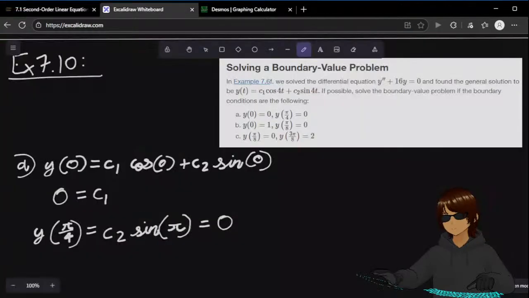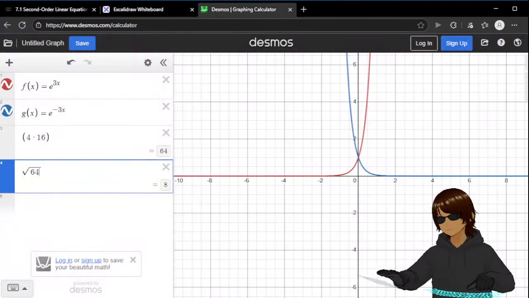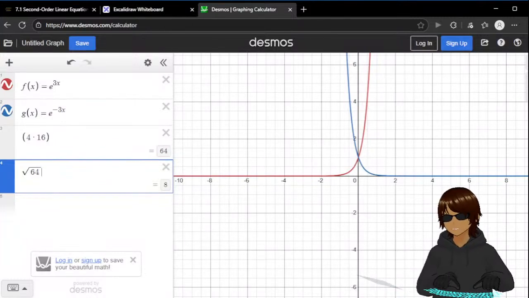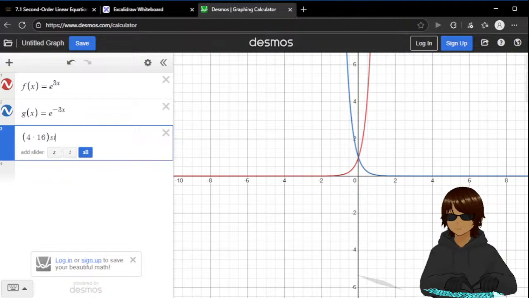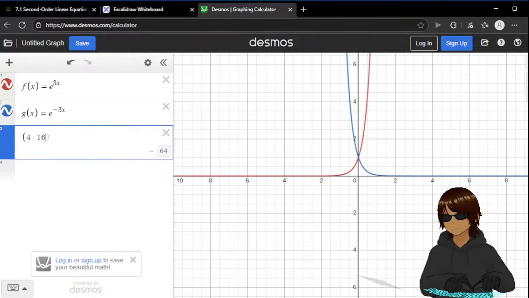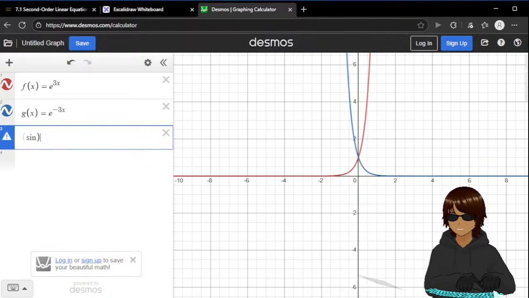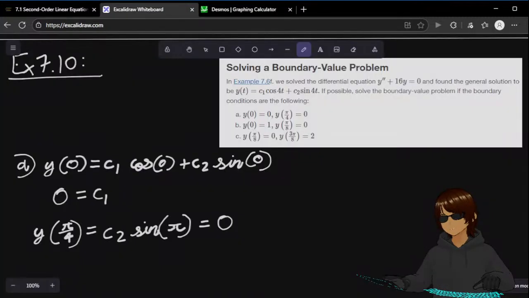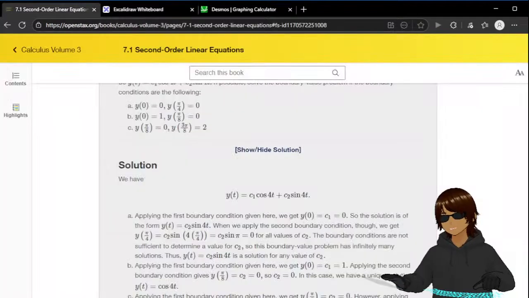For all values. Hold on. Sine pi is 0. Sine pi itself is 0, but we don't know anything about C2. So we can't solve the equation with these conditions, right?